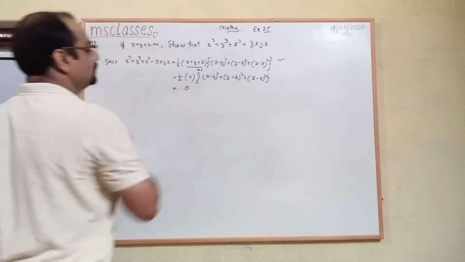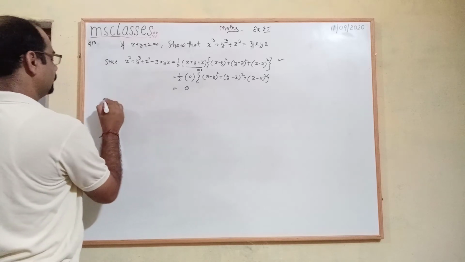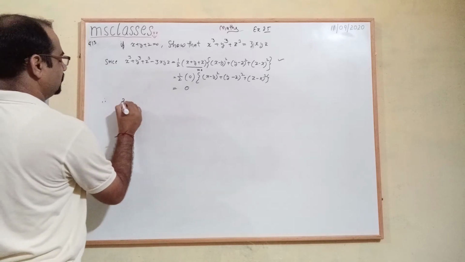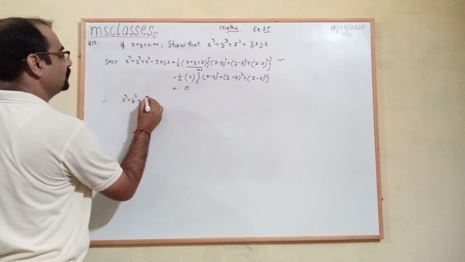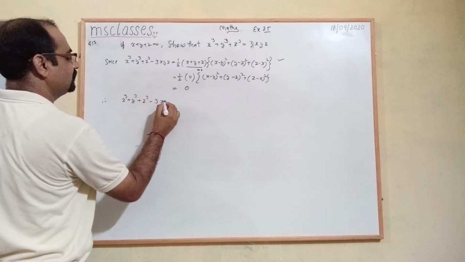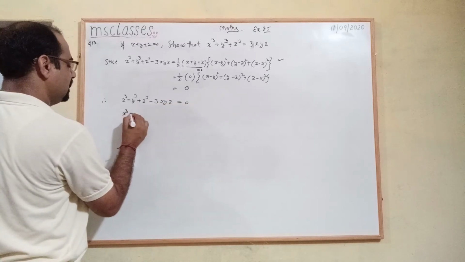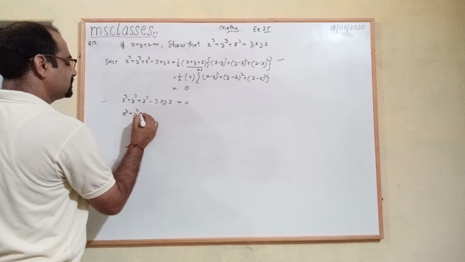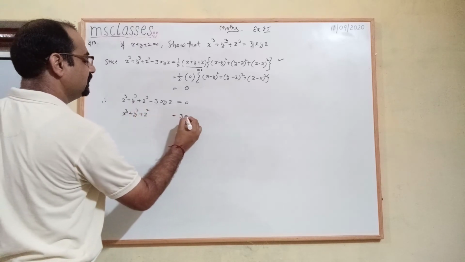This will be equal to 0, therefore x cube plus y cube plus z cube minus 3xyz is equal to 0, and x cube plus y cube plus z cube is equal to 3xyz.